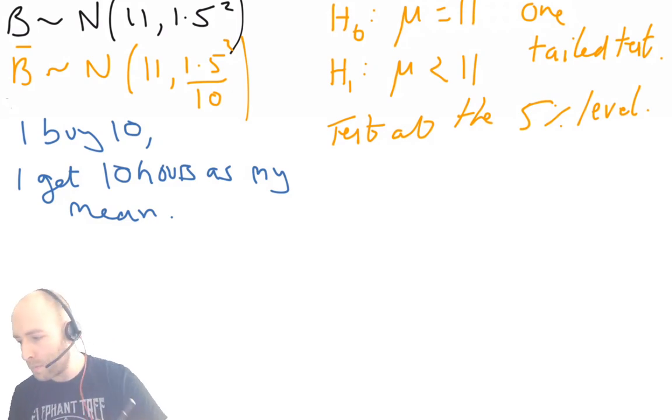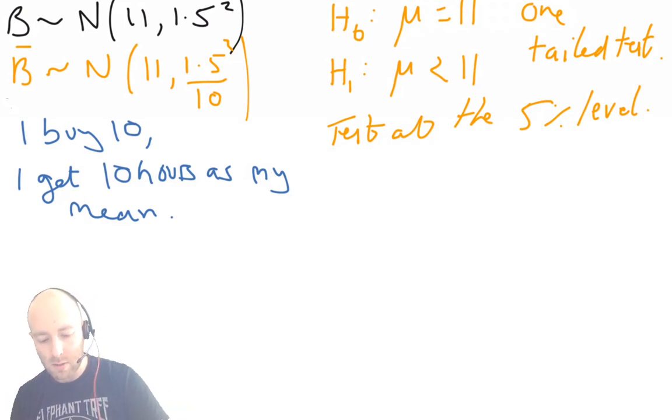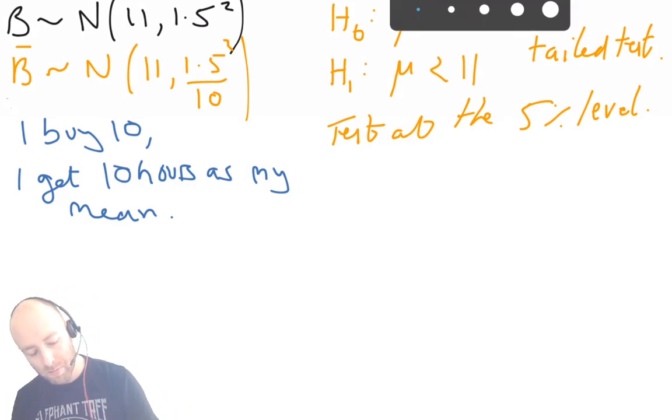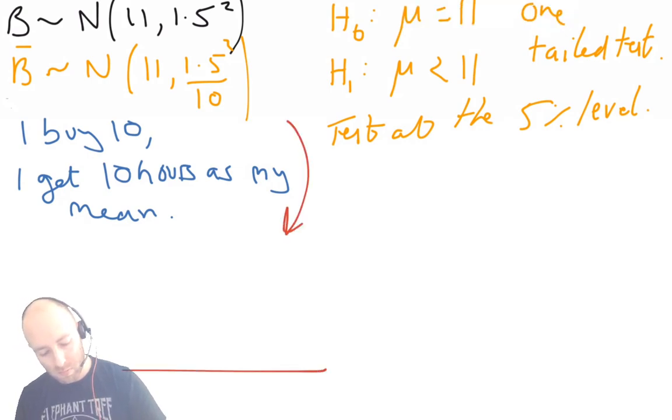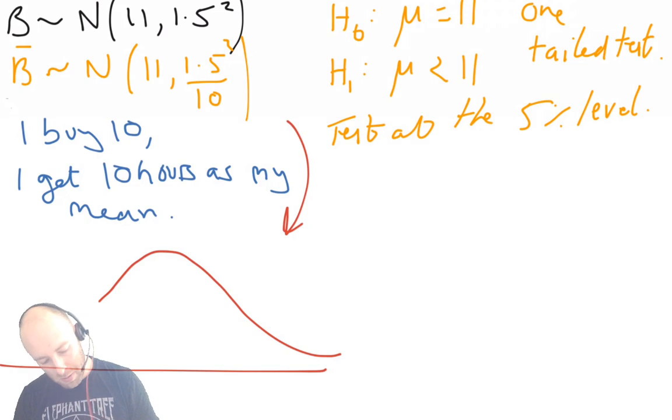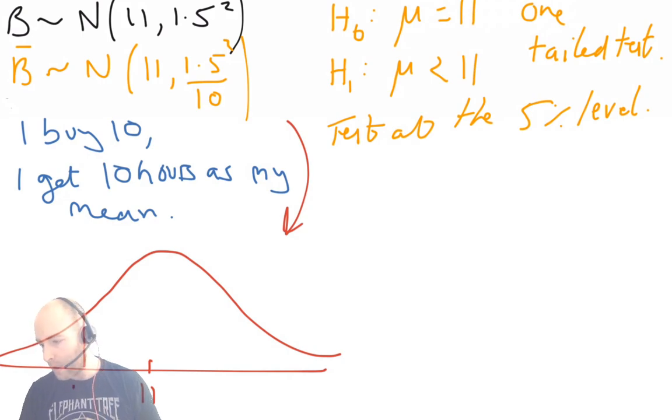All right, so let's plot our sample mean distribution. So we're going to plot this one. So the mean is 11. 10 is the value I've got, so let's put 10 here. And we are now trying to find out what is the probability.